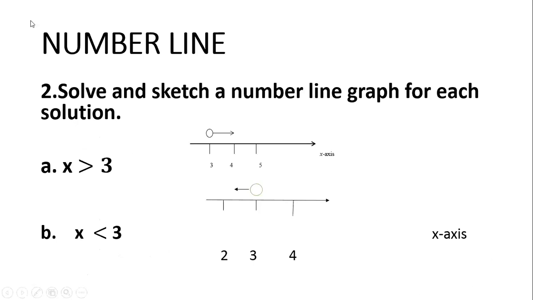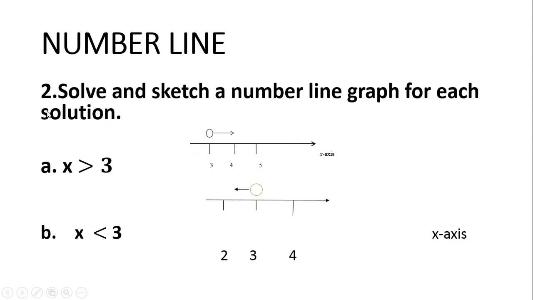Now, in our inequality, we also consider the number line. You draw a line and then number it. Most of the time we talk about the x-axis, though that does not mean we cannot draw number lines on the y-axis. The first question says, solve and sketch a number line graph for each of the following.